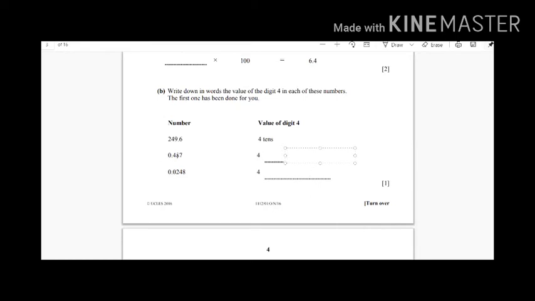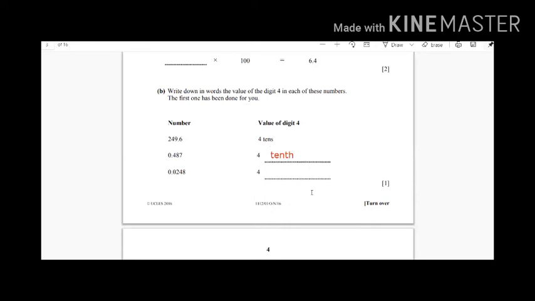The position of 4 is after the decimal. After the decimal we use the 'th' ending, right? So what will it be?